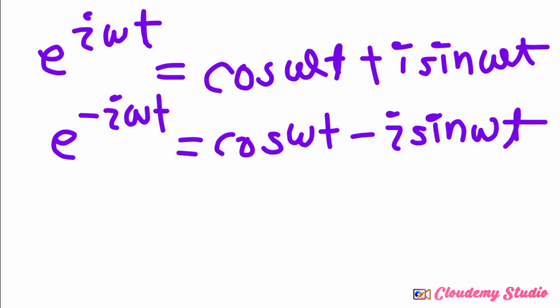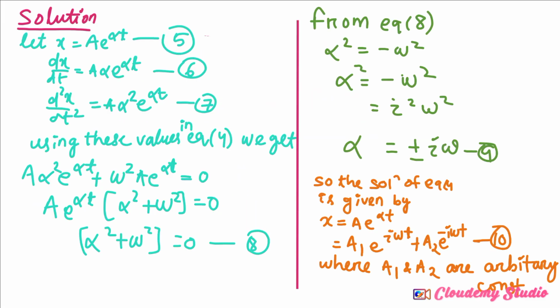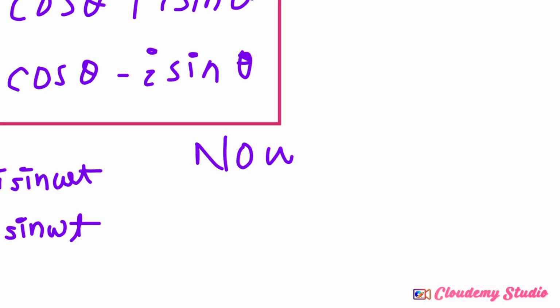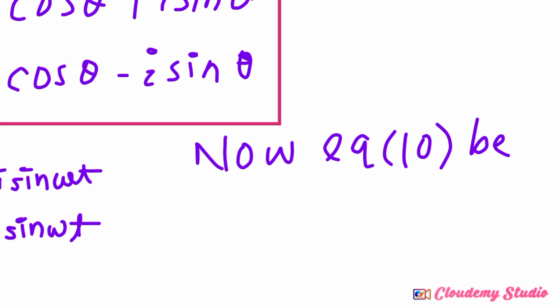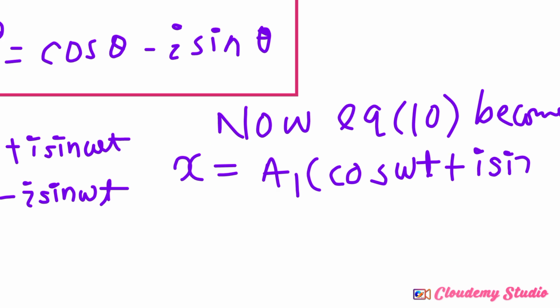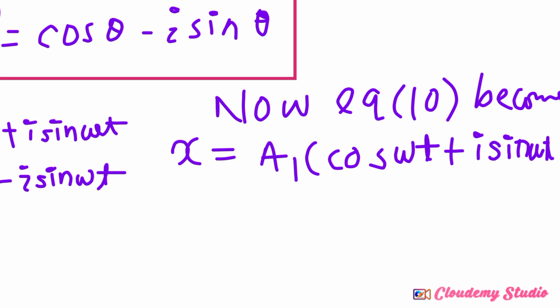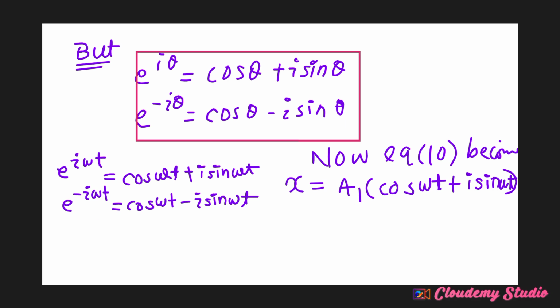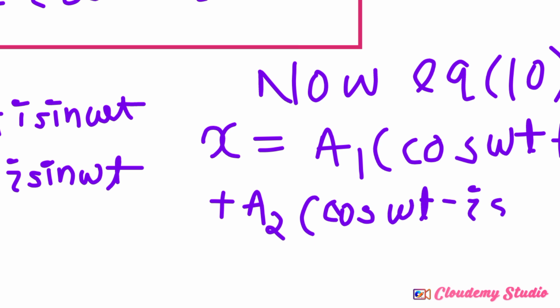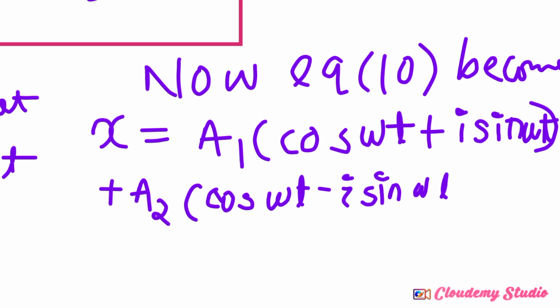Similar to the formula, equation number 10 now becomes x is equal to a1 (cos omega t plus i sin omega t) plus a2 (cos omega t minus i sin omega t).